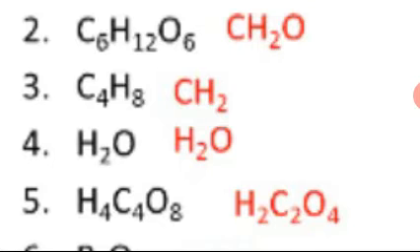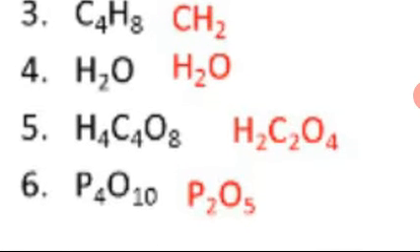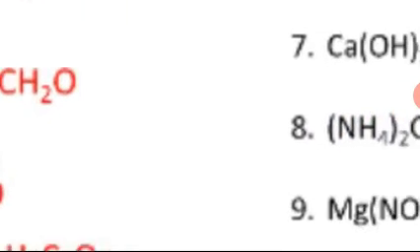So it becomes H2C2O4. P4O10, phosphorus oxide. So 2 ones are 2, 2 twos are 4, 2 fives are 10. So it becomes P2O5. This is phosphorus pentaoxide.